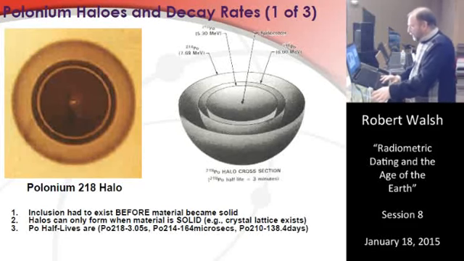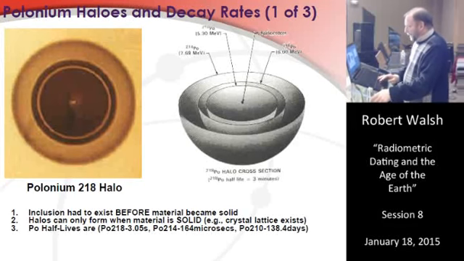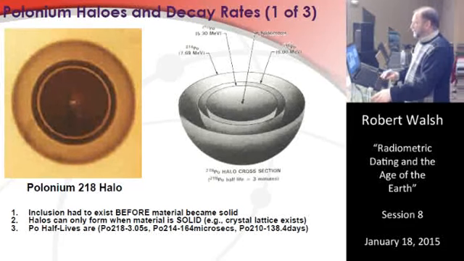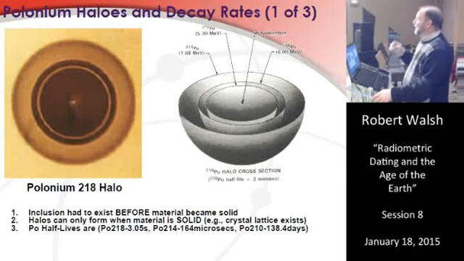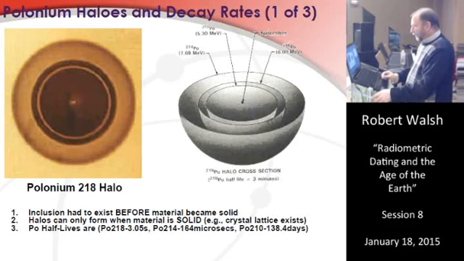Now, if you notice the spheres, we have three of them here, and the radius of each one of these spheres is proportional to the energy at which the element is decaying. The radius is proportional to the energy of the particle that's being given off.